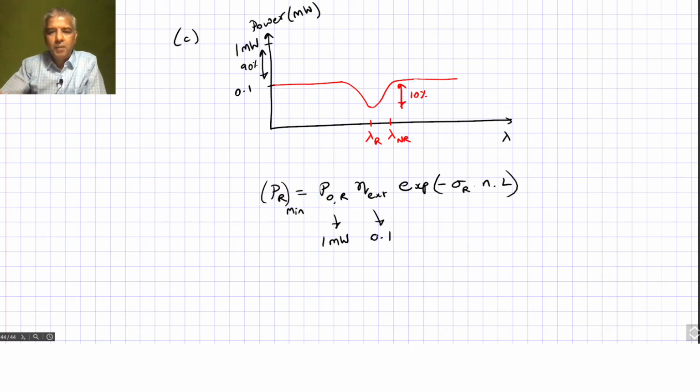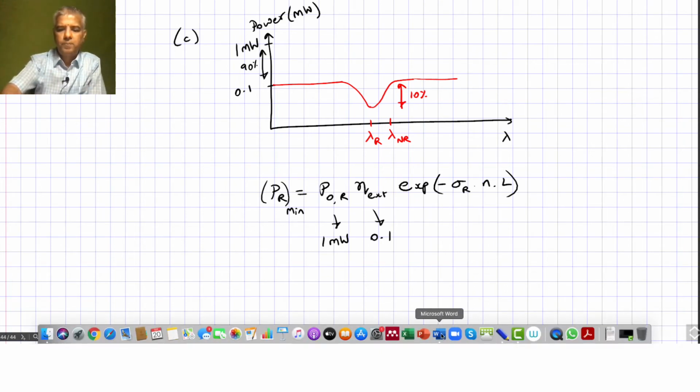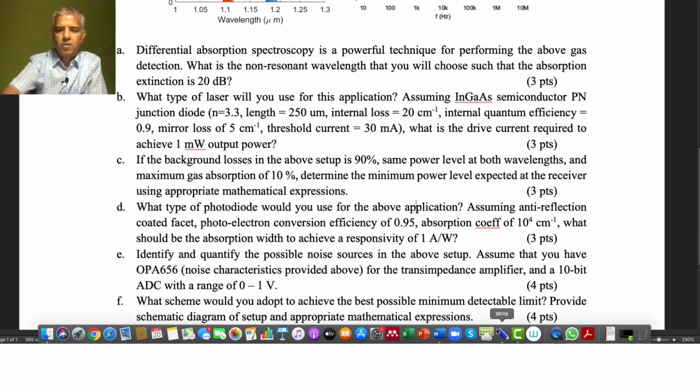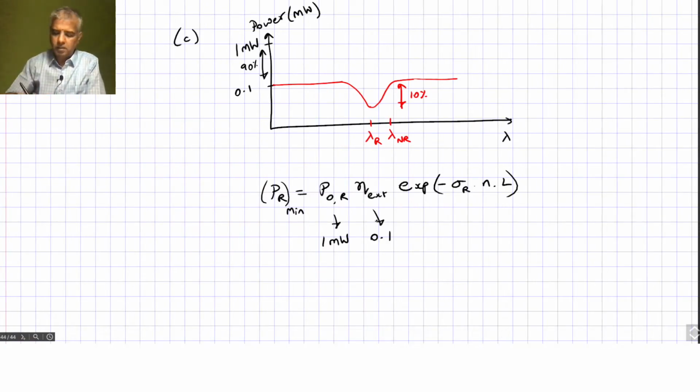According to the question, we are losing 90% of the power, as background losses. Then people say eta external is equal to 0.9, which is obviously wrong, because 90% is lost. So what is remaining is actually 10% of the incident power. So you have to be very careful about that part.